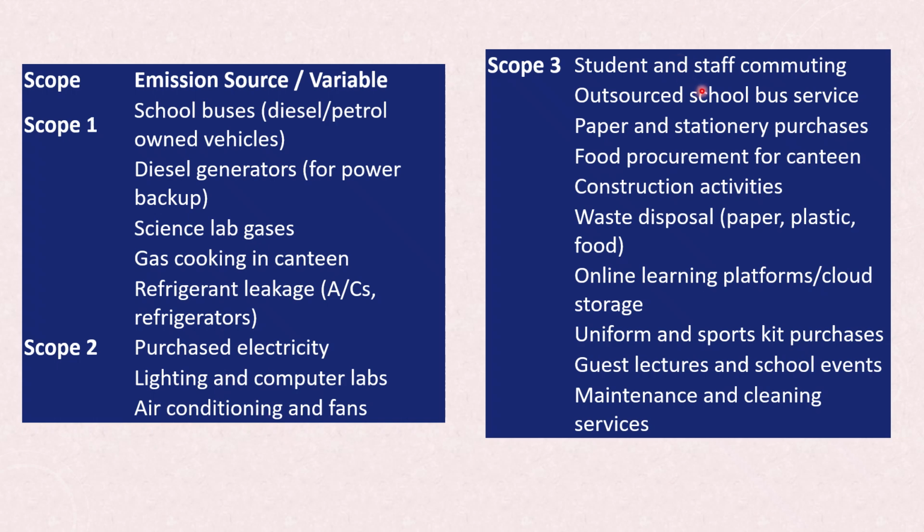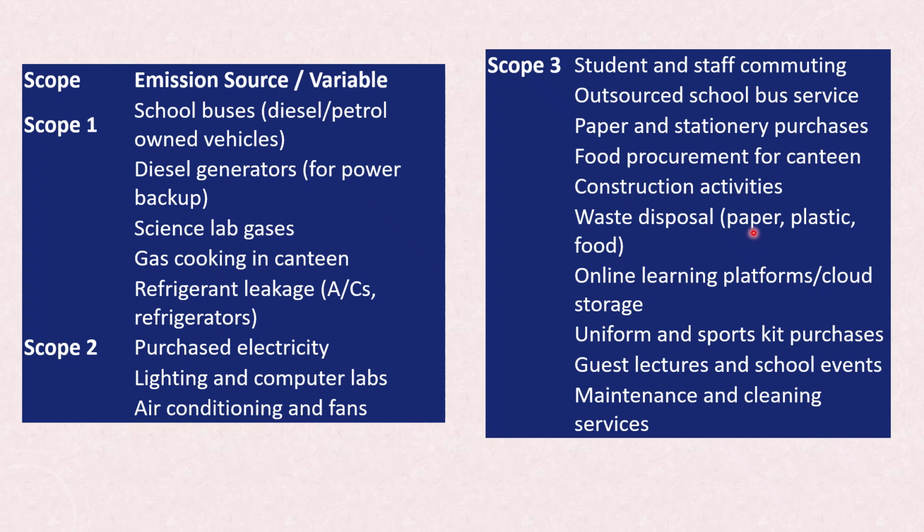Now Scope 3: student and staff commuting. Buses for commuting students and staff come under Scope 3. Outsourced school bus services, Scope 3. Paper and stationery purchases, Scope 3. Food procurement for the canteen, Scope 3. Construction activities, Scope 3.